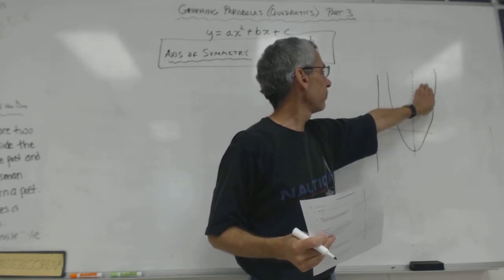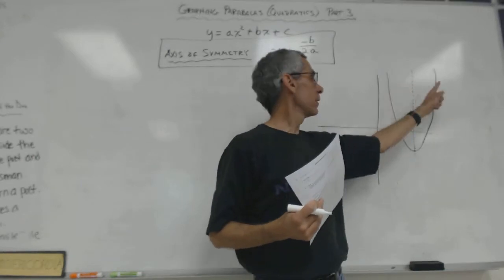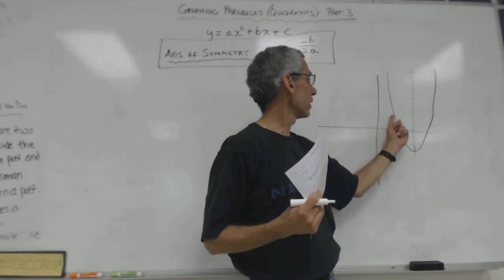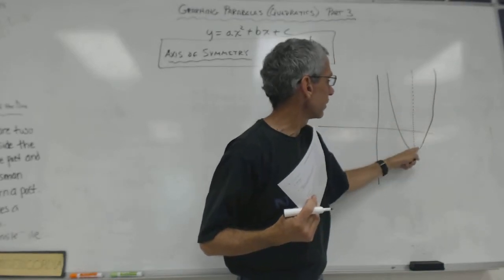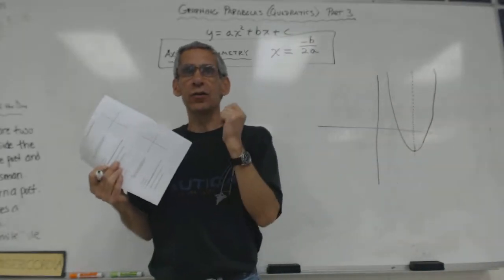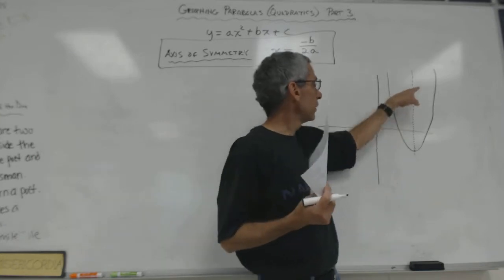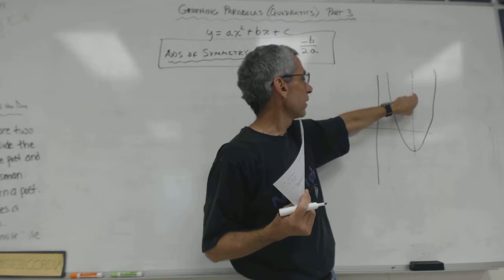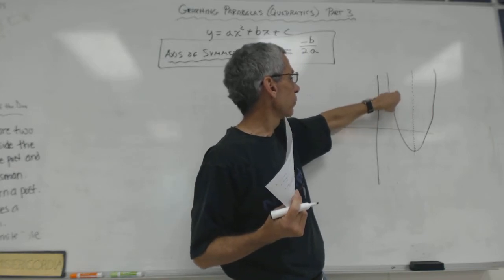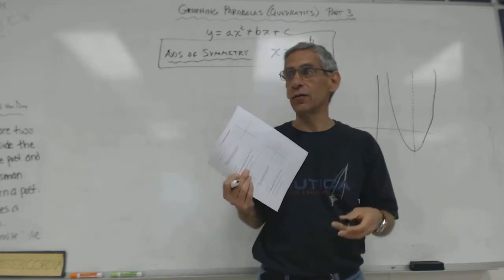If you flipped this over, this line would be exactly on this line. So that line is your axis of symmetry. The distance from the axis of symmetry over here is exactly the same distance as from the axis of symmetry over to here. Very, very useful.